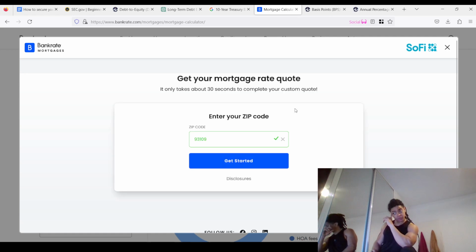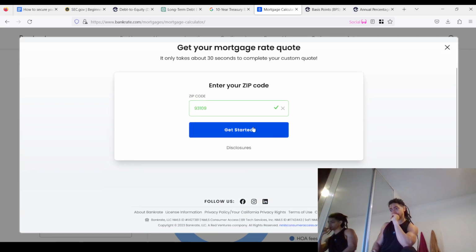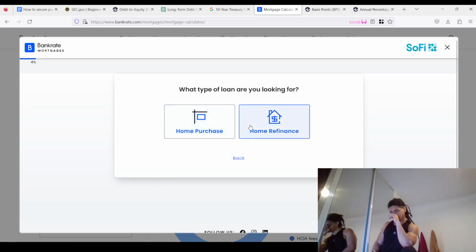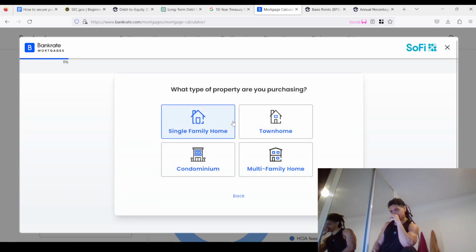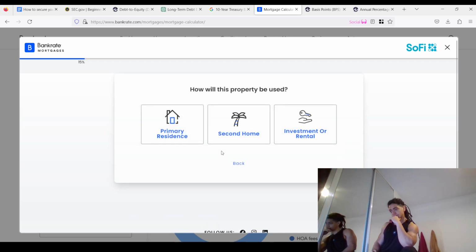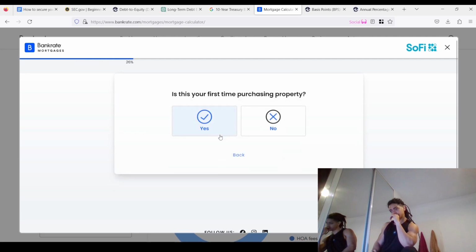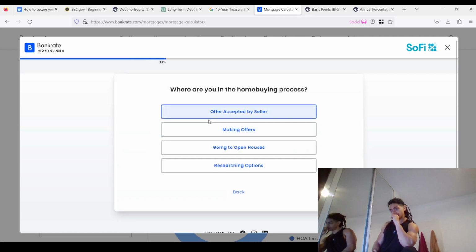Bankrate mortgage. Home purchase. Single family home, townhome, condominium. Permanent residence. Where are you in the home buying process?